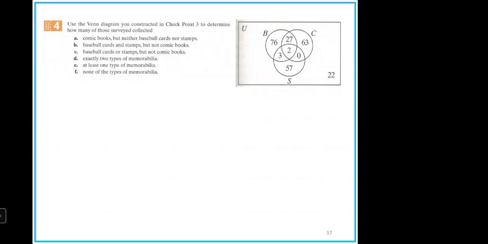Okay, Miss Pratt, can you answer E and F? So at least one type of memorabilia, so it'd be 76 plus 27.